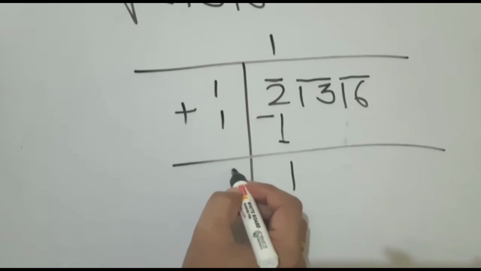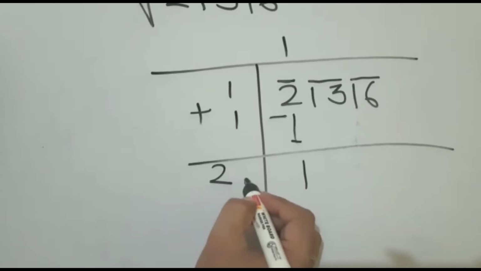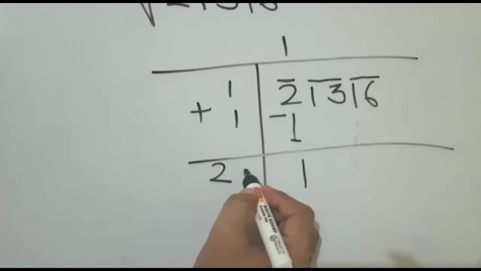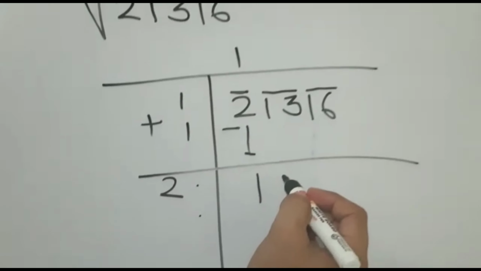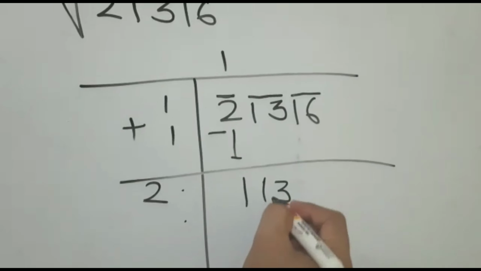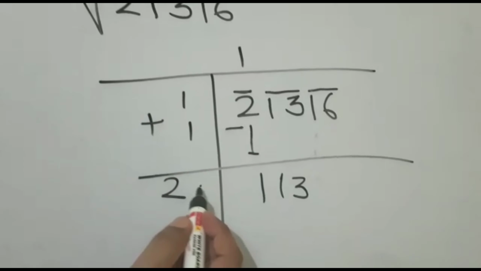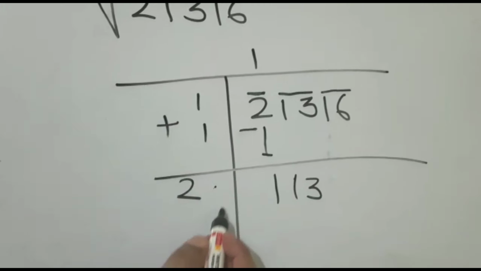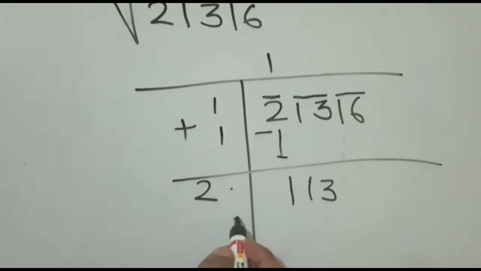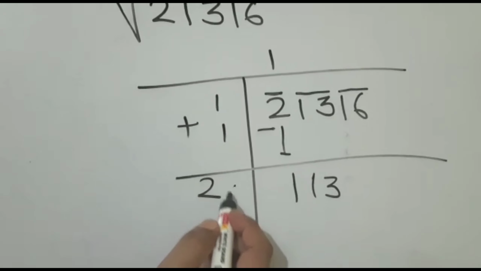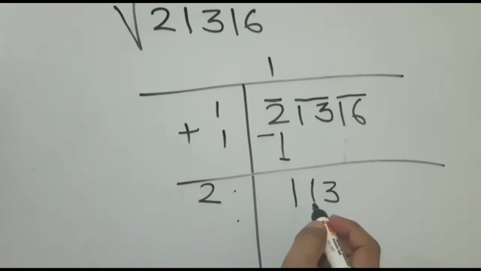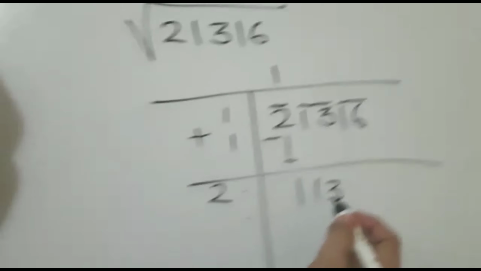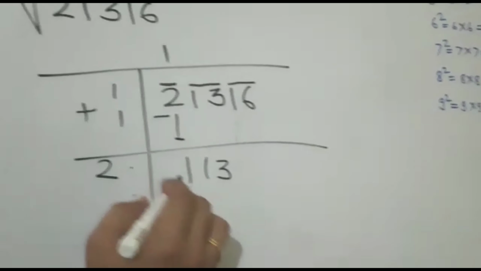But don't write the 2 here, write it here and give some space here. Now bring down the second pair. We get 113. Now take the same number from 0 to 9 and multiply them with each other. That multiplication must be either 113 or smaller than 113.